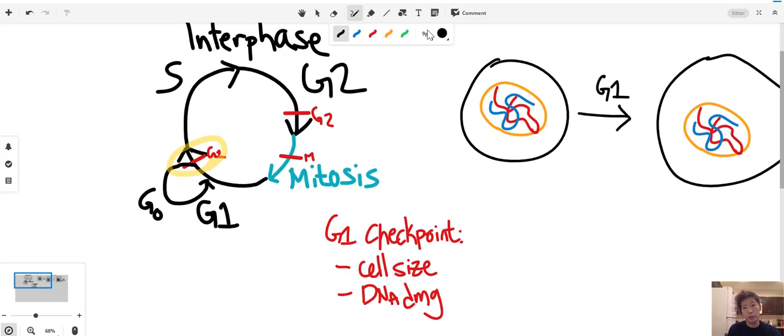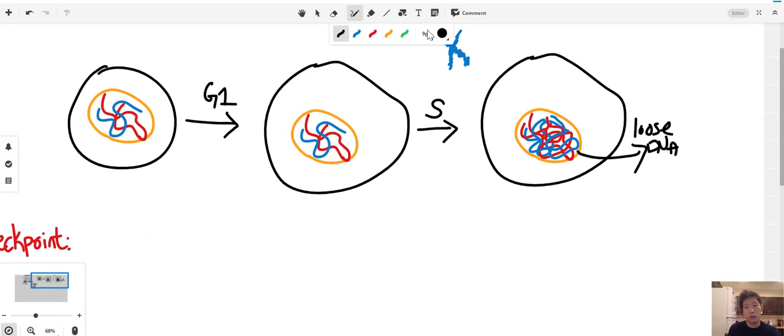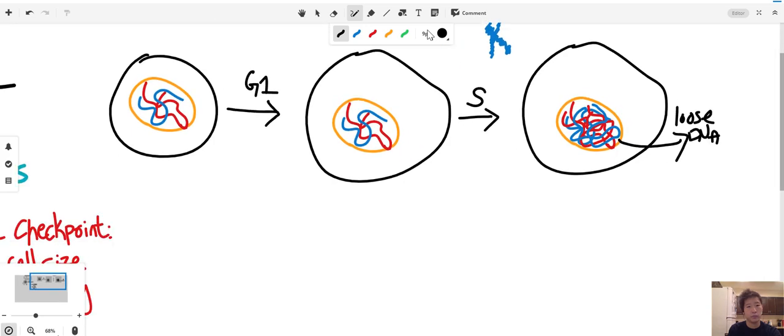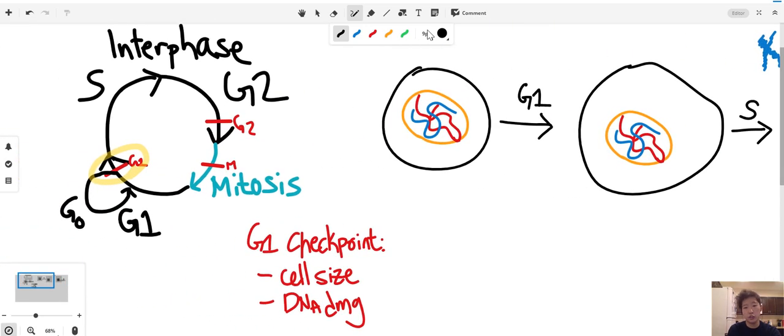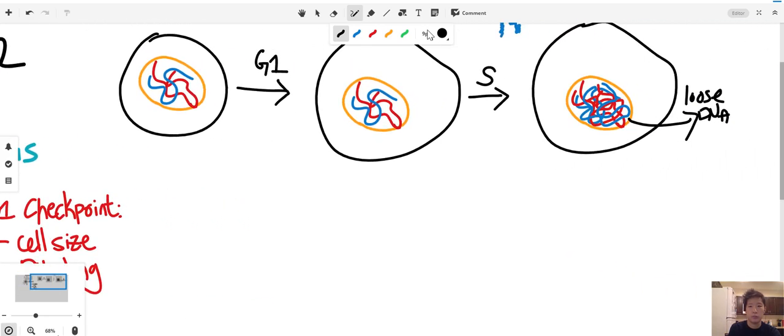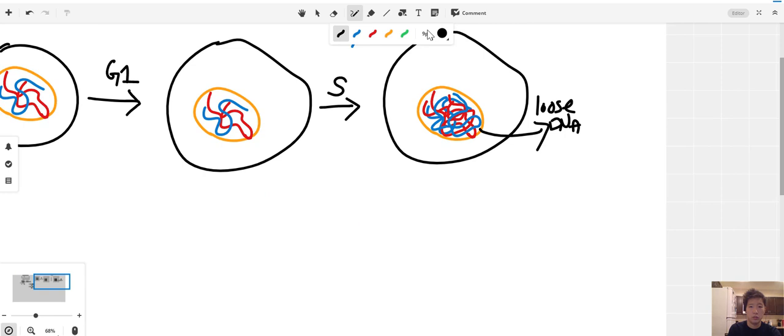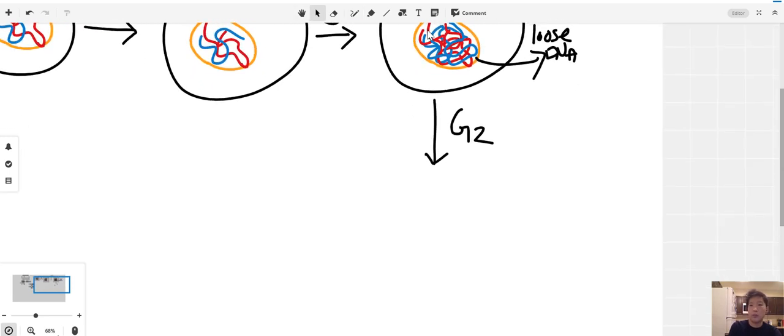Okay, so we finished our S phase. We've replicated all of our DNA here. Now we're going to enter G2. So G2 for growth. Okay. G2. And this is when the cell is just going to grow even larger. Okay. Remember, we need the cell to, at the end of it, be double its approximate size that it had started with.